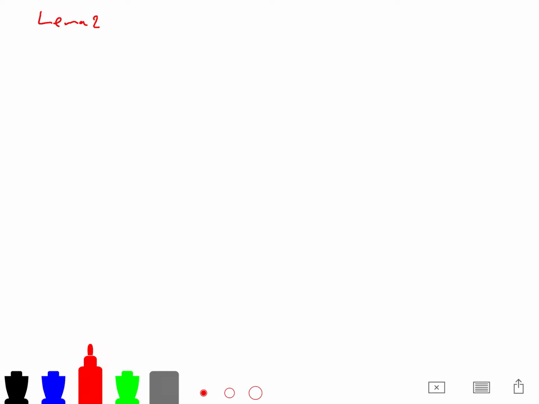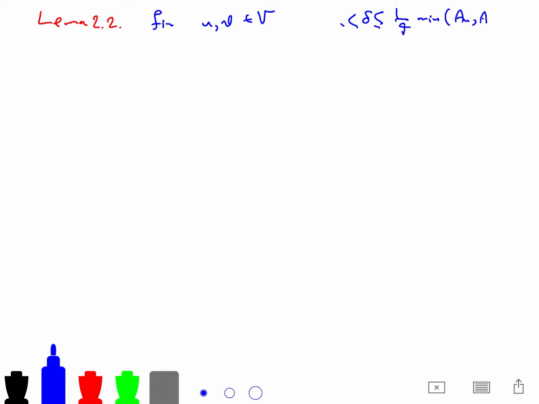So there is a lemma in that article, the Kalinsky article, that says that we fix U and V in V, and delta to be between 1 and 1/4 minimum of AU and AV.